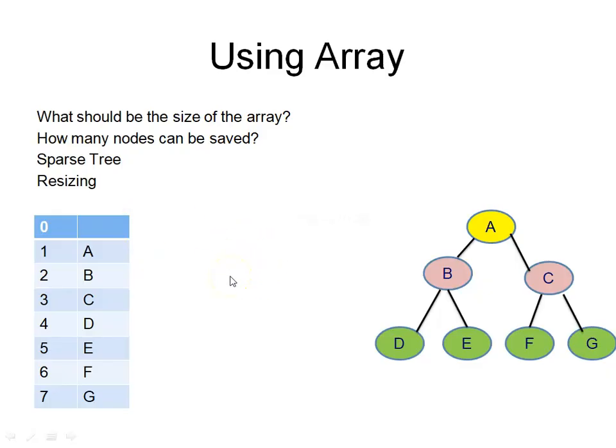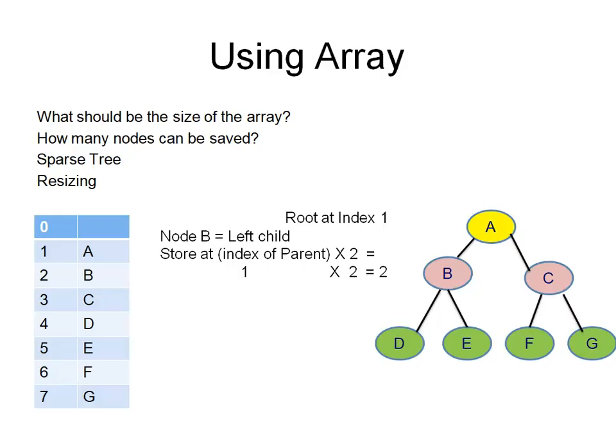So always in a binary tree, the root will be at index 1. We can see here at index 1 we have A. Now all other addresses are derived from this address of the root. For the node B, which is the left child of the root, we store it at the index of the parent into 2.